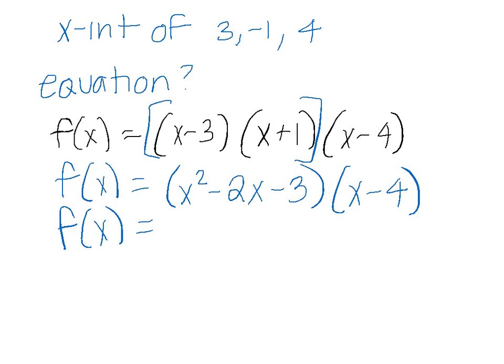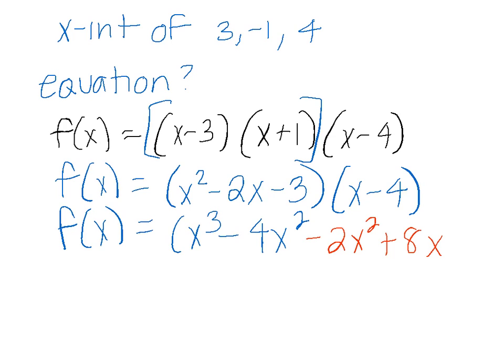Now I have to distribute again, so my x squared becomes x cubed minus 4x squared. I'll change colors for each one here. Negative 2x becomes negative 2x squared plus 8x. Probably the toughest thing is remembering the negatives. And then I have negative 3x plus 12.